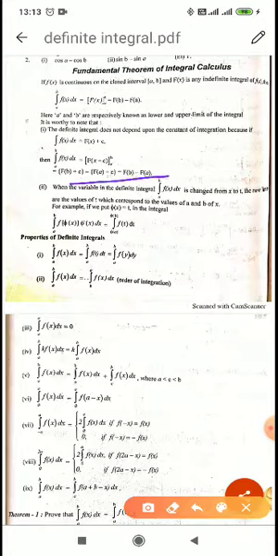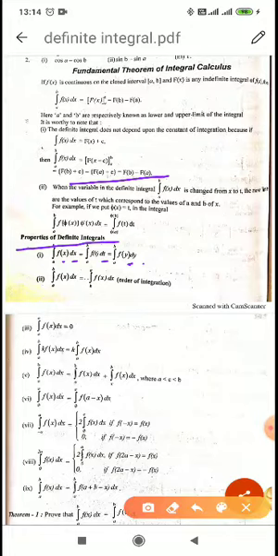When the variable of the indefinite integral changes from x to t, the new values of t correspond to the values a and b of x. This is a property of the integral from a to b; we can change the x terms to t terms, there is no problem, and the limits will change accordingly.